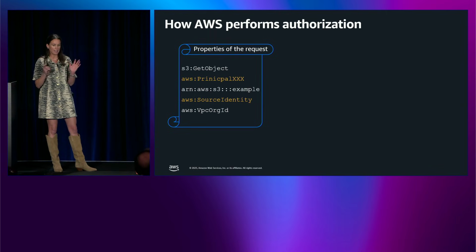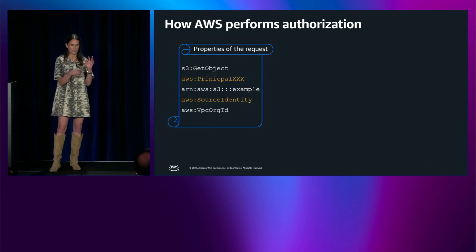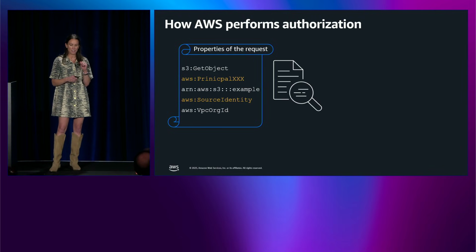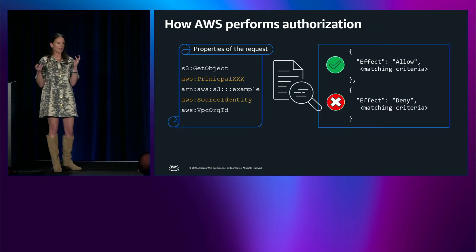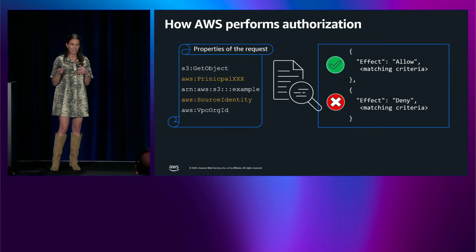So anyways, now that S3 has assembled this request context, or this official scroll that fully describes every aspect of your request, the authorization engine then does this series of string matching. So your policy has JSON statements associated with it. Some statements say allow, some say deny, some will match, some won't. For the ones that match, they need an allow.